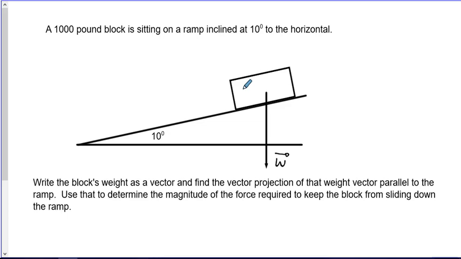So there's more than just the magnitude of the weight here. There's the direction of the weight, which actually is a force. You could say 1,000-pound force straight down in this coordinate system. But that weight, we can actually break up into two vectors. Let's say one vector that is parallel and one vector that is perpendicular. So if we imagine maybe one vector like this, it would really be something like that, where W could be broken up into two components.